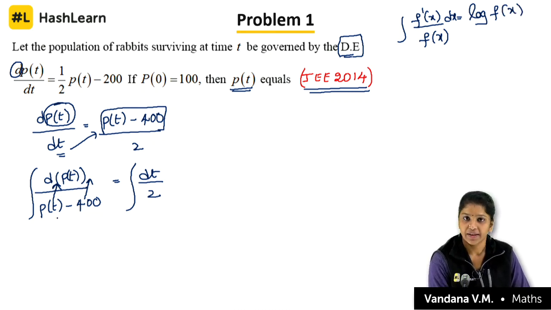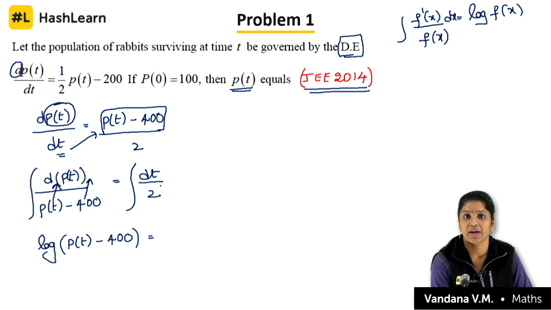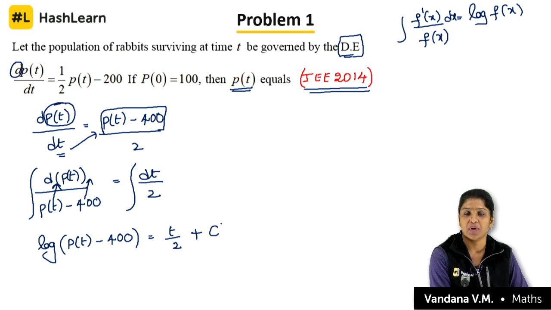Isn't it? So integrate, it becomes log of p(t) minus 400 is equal to, it becomes what, children? t by 2. After your integration, you have to add plus c to it.